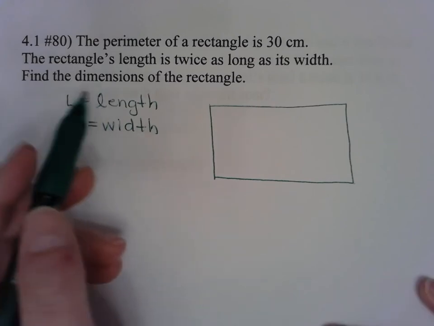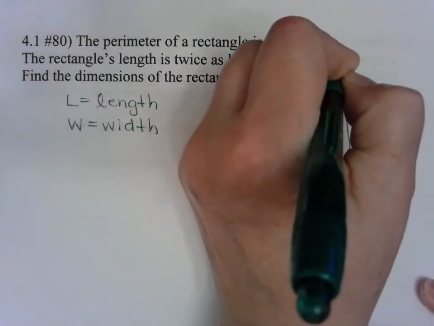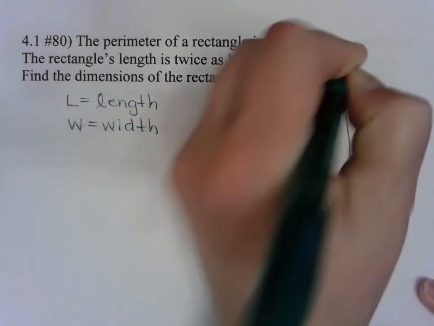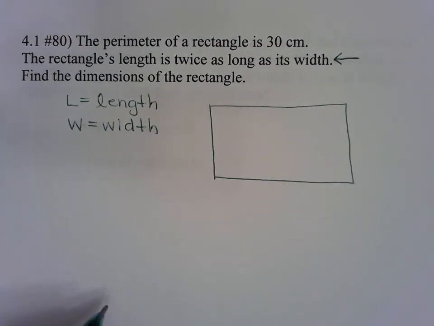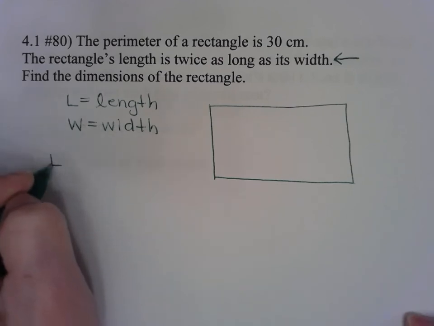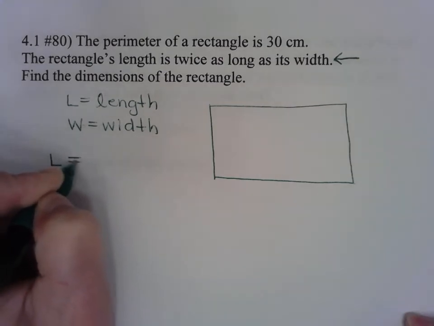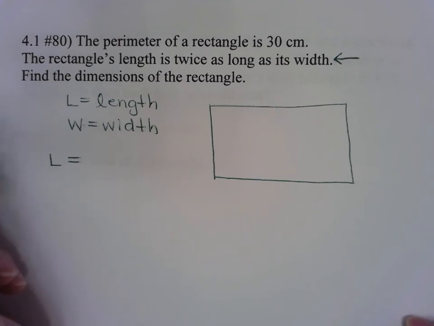The first step, though, is to look for a relationship between the length and the width. And for this problem, this is listed in this second sentence. So the rectangle's length, that's L, is twice as long as the width.